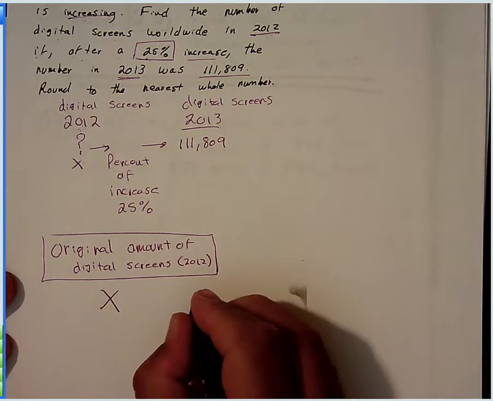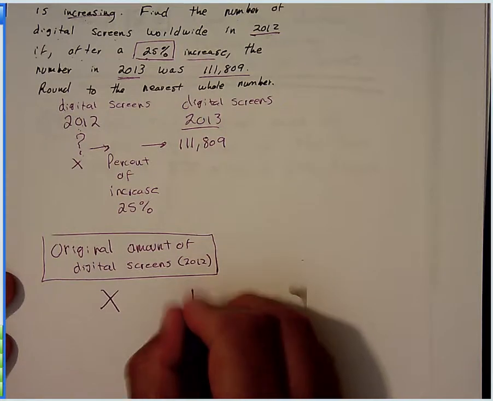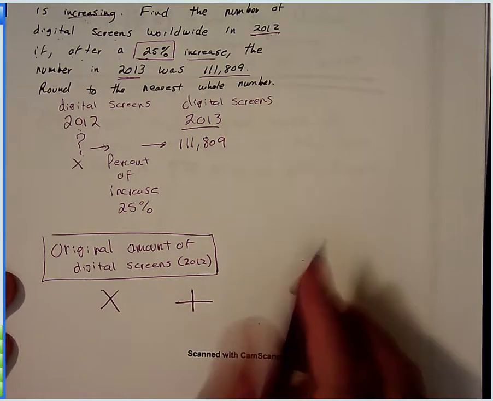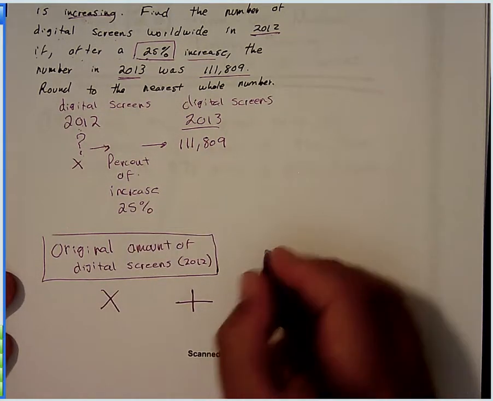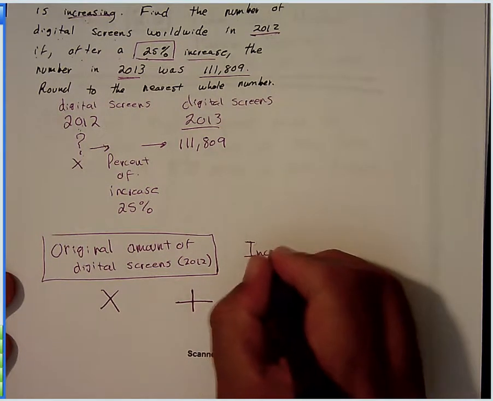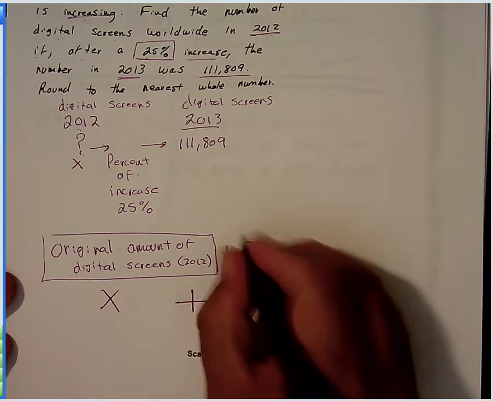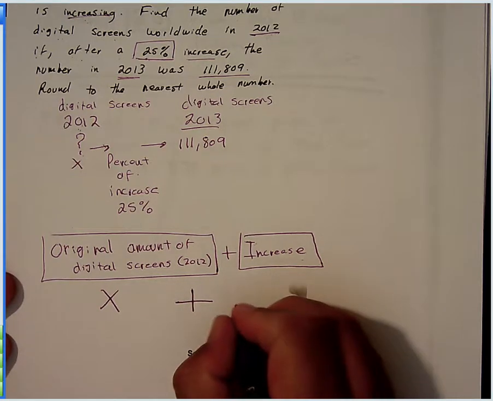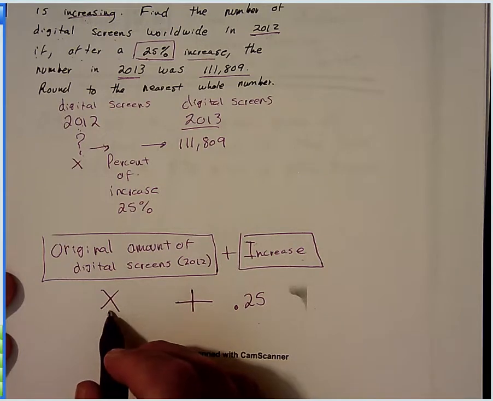So what happened here? Increase, so we're adding the increase. I'm gonna put the increase. So we're adding the increase, which is 0.25 of what? Of the original.